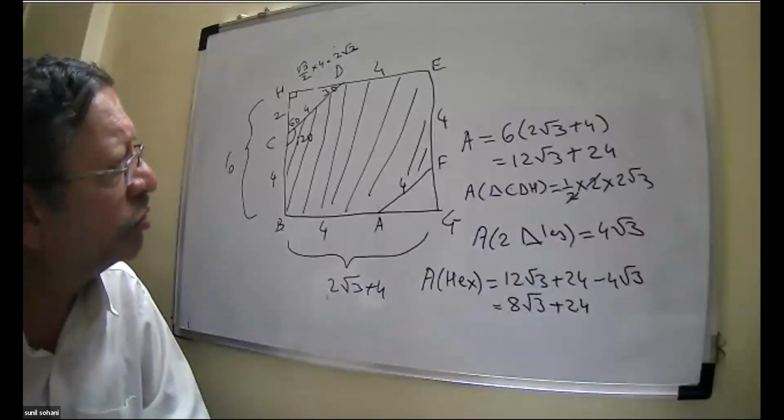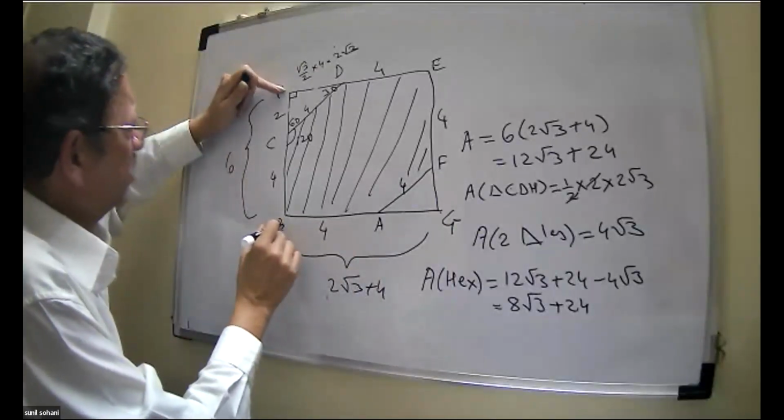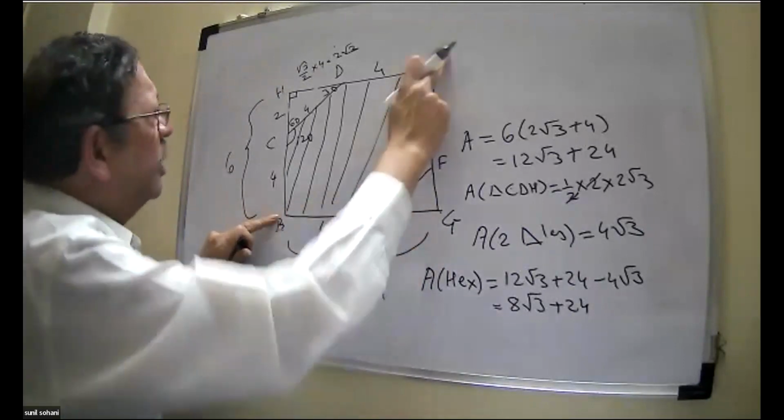Now how have we taken the area? 6 into 2 root 3 plus 4. That is the area of the rectangle. Can you see BG is the length and BH is the breadth of the rectangle. The big rectangle I am talking about, BGEH.